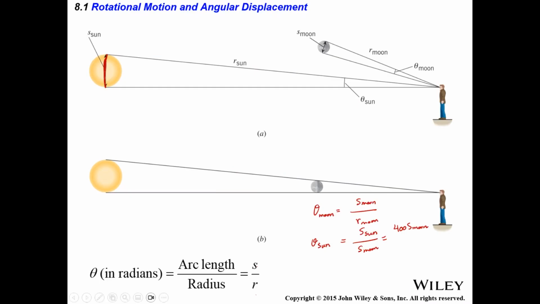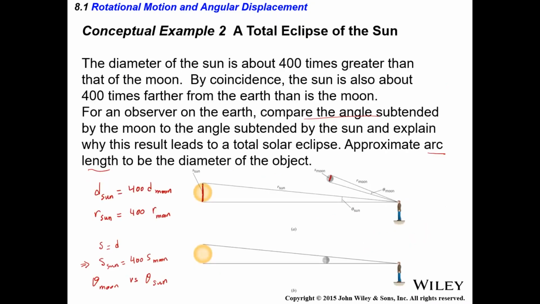So I just substituted what I was given to find the relationship between theta sun and theta moon. I know S of the sun is 400 that of the moon, and R of the sun is also 400 times R moon. So I just substituted these things, this and this.